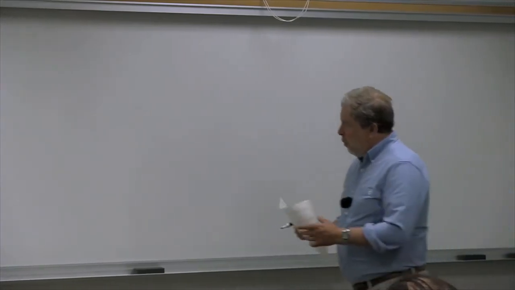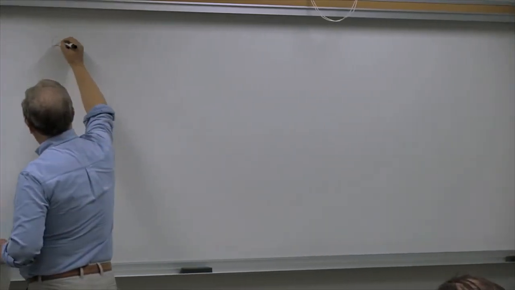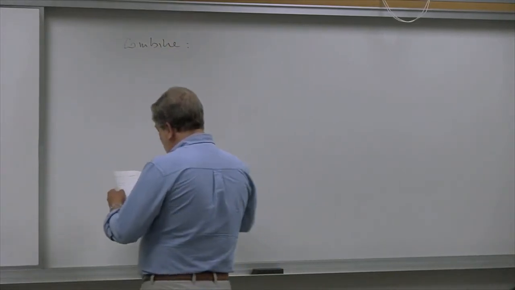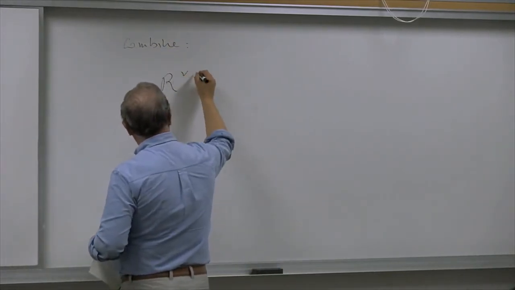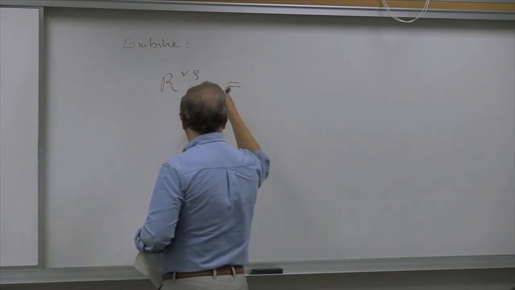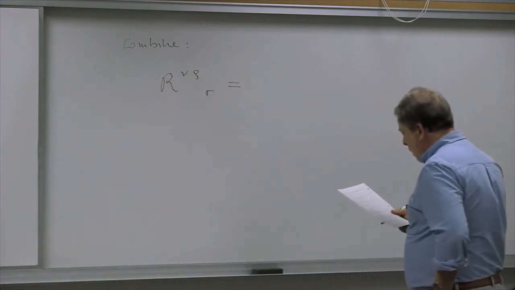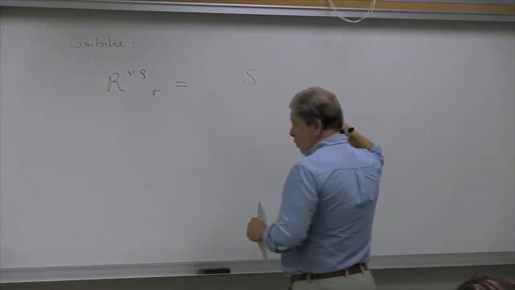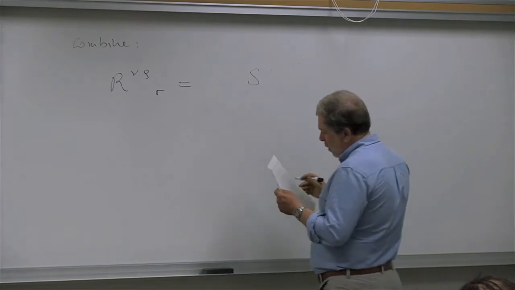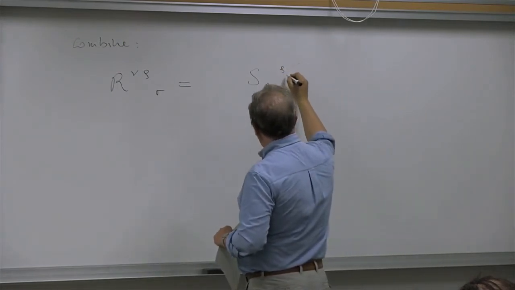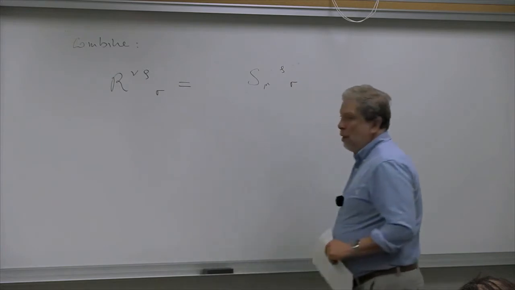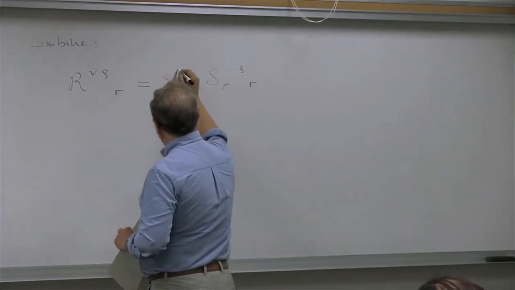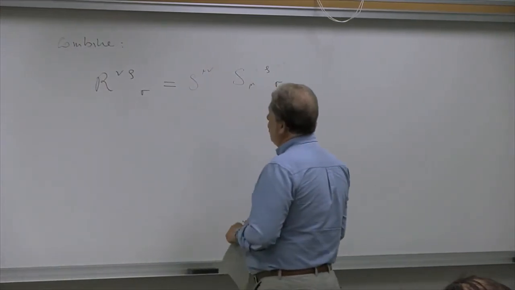And so we can combine all these rules, right? For example, we can look at an object which is R nu rho sigma, which has three indices, and where we can do the following: we can take a tensor to start with, which has maybe three indices, S mu rho sigma, and we can multiply that by the metric, in this case by g mu nu, and then sum over mu.